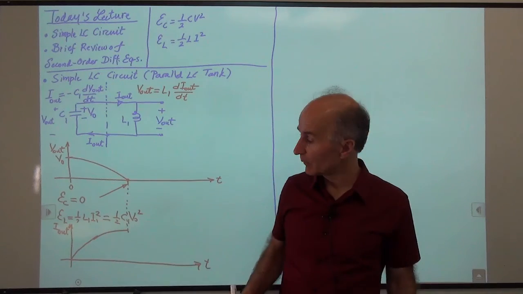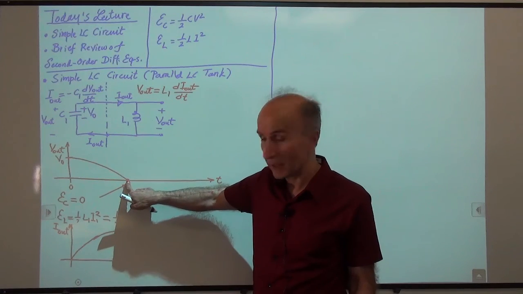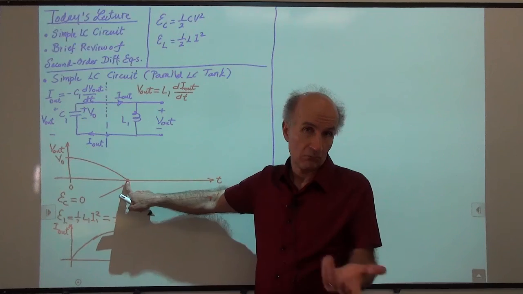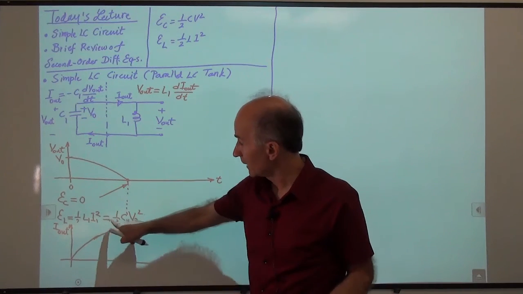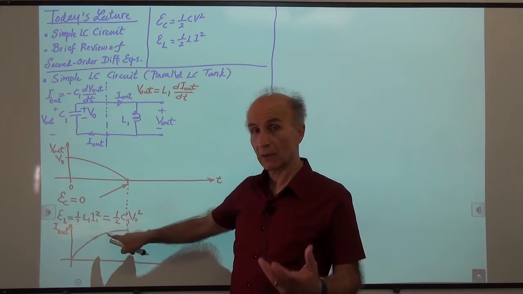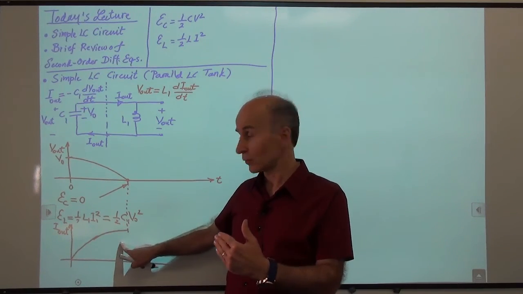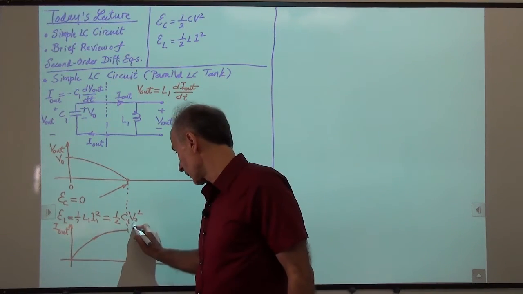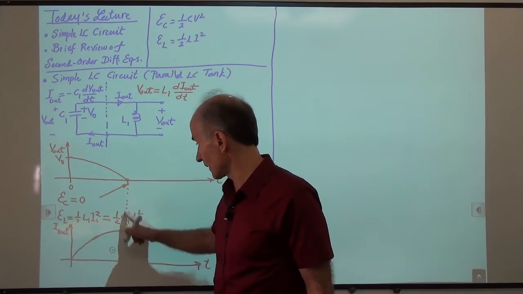Well, it has to be a maximum current because at this point in time, all of the energy that we had in the capacitor has gone back to the inductor. So the maximum current that the inductor can carry is given by this equation. If the current through the inductor were any higher than this, it would mean that the energy in the inductor would be higher than this, which is not possible. So the maximum current that we can have is the value of I1 right at this peak, right at this time.